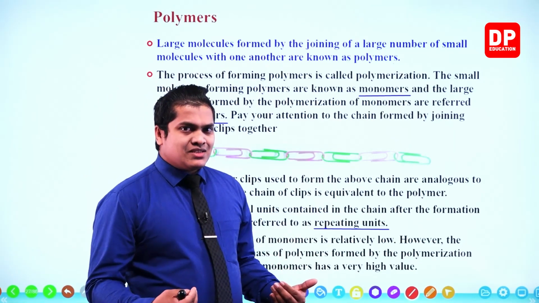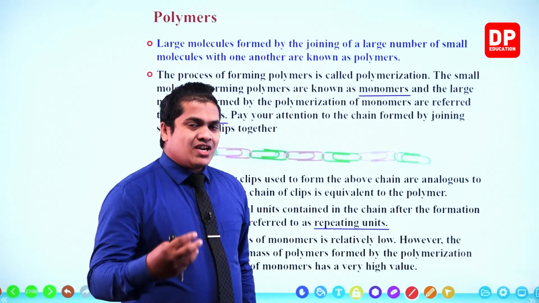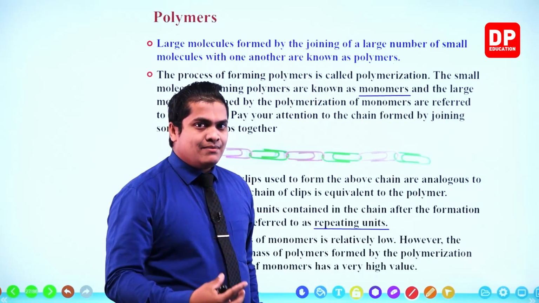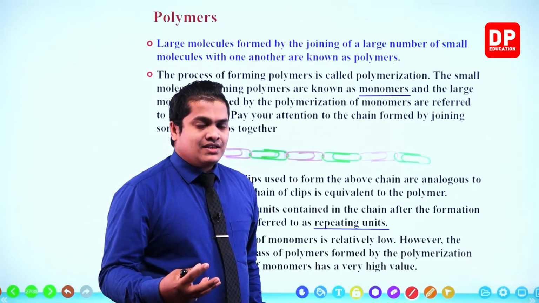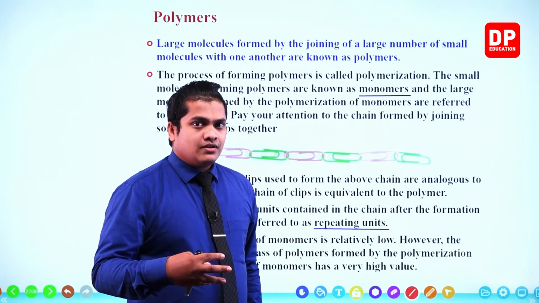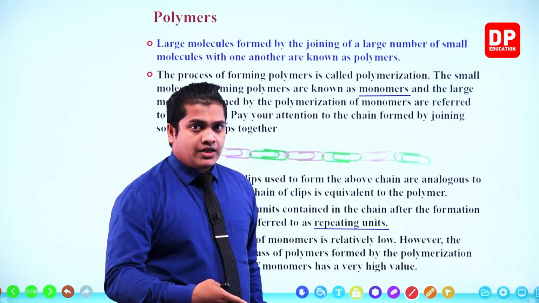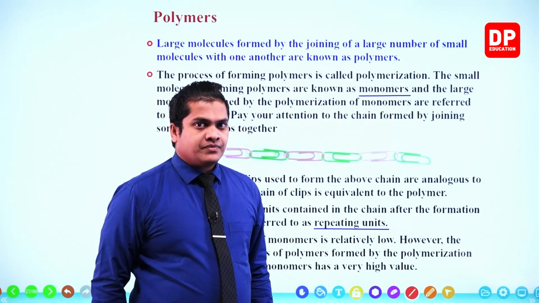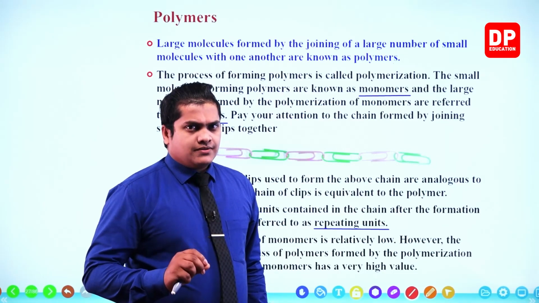So a polymer is made by repeating units. The structures which are repeated within the polymer molecule, in order to create the polymer molecule, are called a repeating unit. A repeating unit is somewhat different from the monomer.